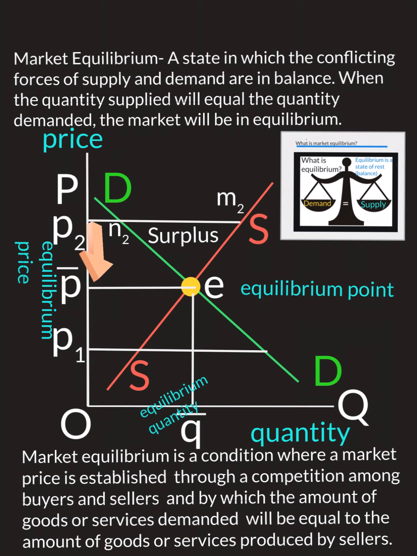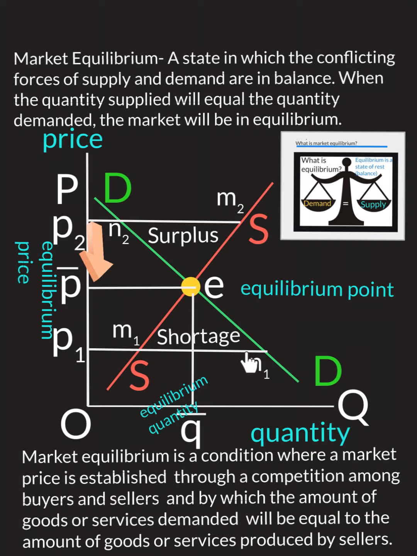If the price is less than P bar, that is at P1, then at price P1, the quantity demanded is P1N1 and quantity supplied is P1M1. Then in the market there is a shortage of goods, and that shortage is M1N1.